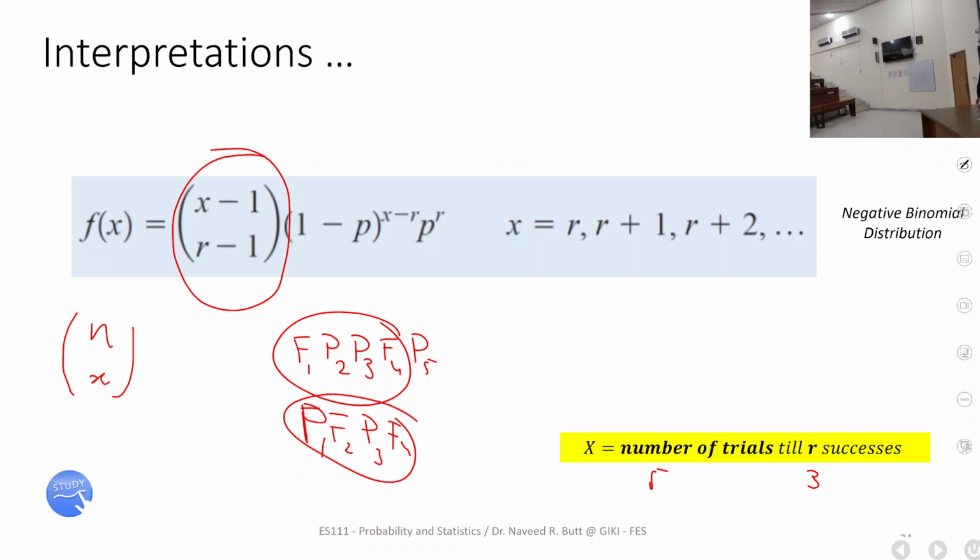But you cannot touch the last one. So that's why this combination formula takes only x minus 1 total and r minus 1 passes, because one pass we know is at the end, so there is no scope. So again, nothing to memorize. Right. Makes perfect sense.